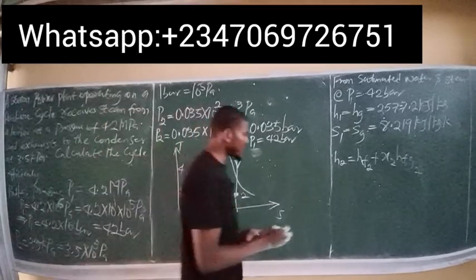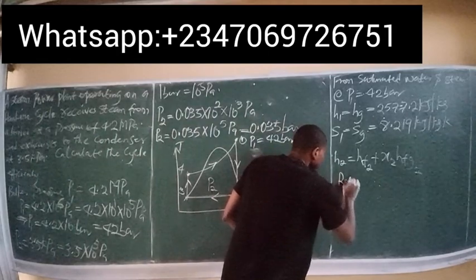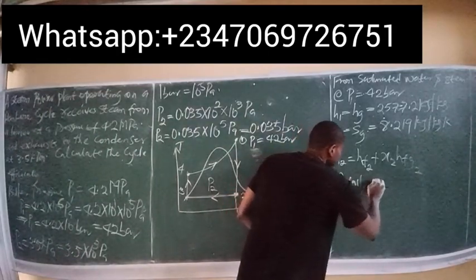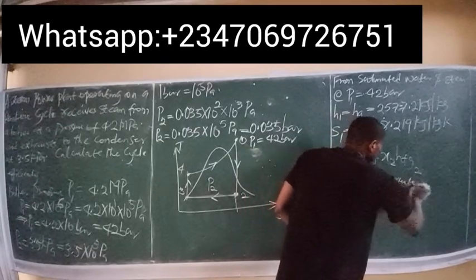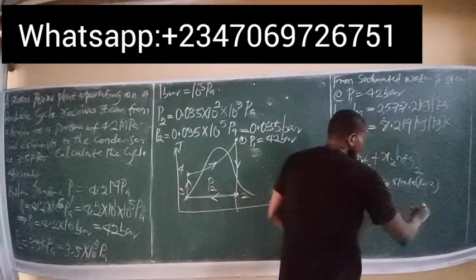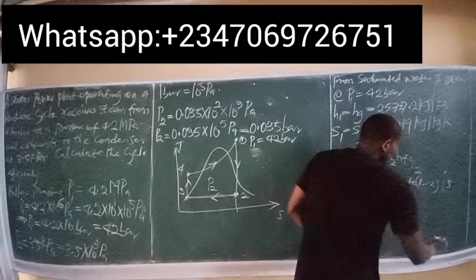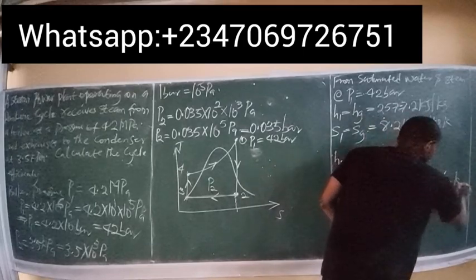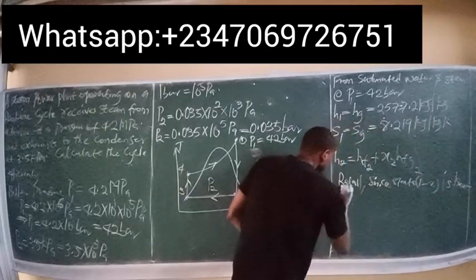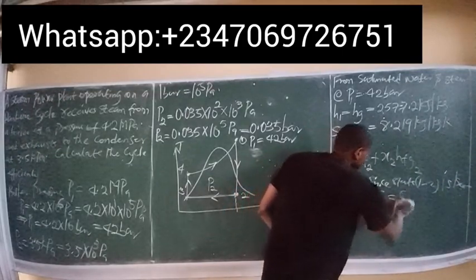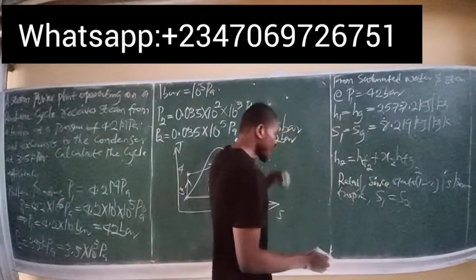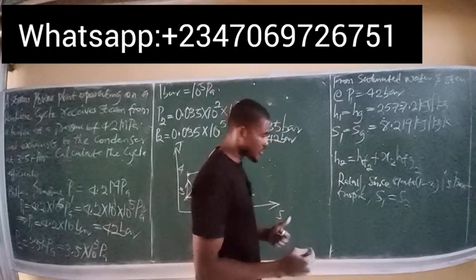So you recall we said earlier, since state 1 and 2 is isentropic or adiabatic, we simply said that S1 equals S2. So entropy at state 1 equals entropy at state 2.